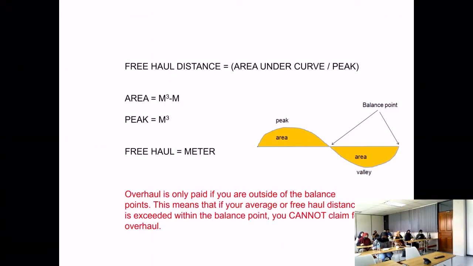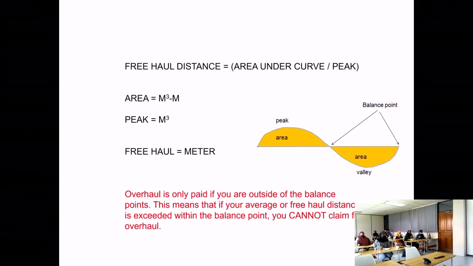So 100 divided by 20. So that means the freehaul is 5. Which is not logical, right, 5 times 1 meter. But the calculation is like that. Area under the curve divided by the peak. So you get the freehaul in meter. Because remember, the area divided by meter cube, meter cube meter divided by meter cube, leaves meter. The cube is crossed out. So that meter is what we call the freehaul distance.